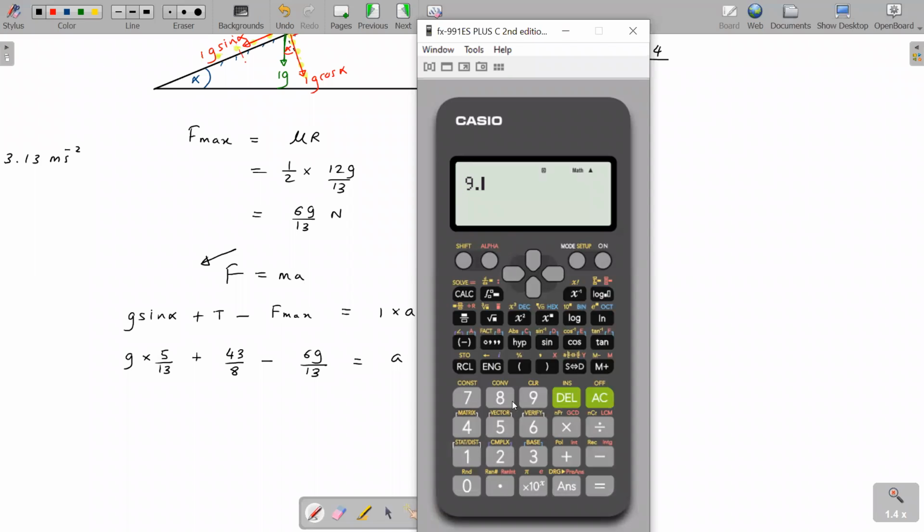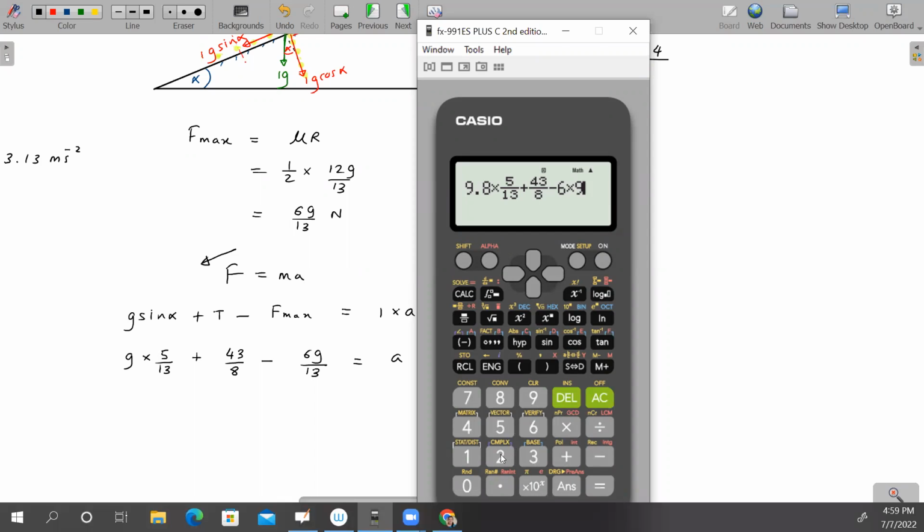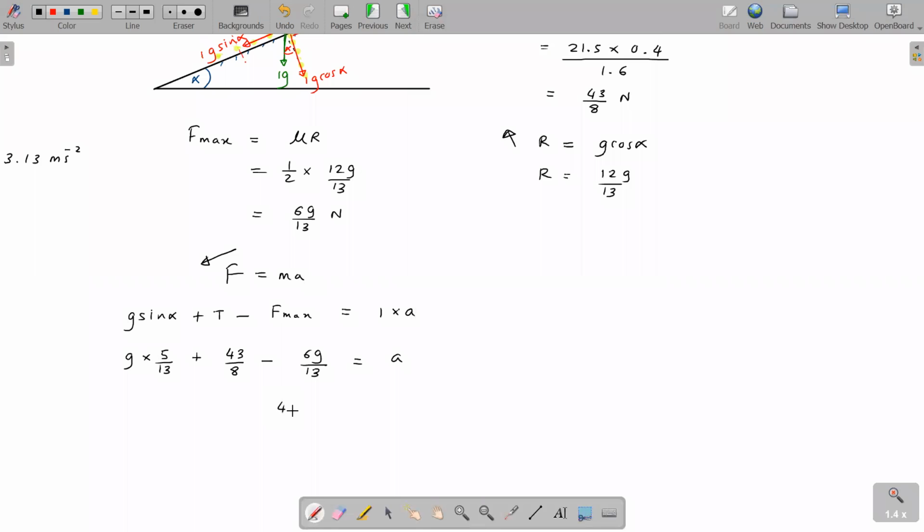So 9.8 into 5 over 13 plus 43 over 8 minus 6 into 9.8 over 13. And you get this answer, so definitely give it to 3 SF. When you have g with 9.8, you give the answer to 3 SF: 4.62 meters per second squared. This is the answer correct to 3 SF.